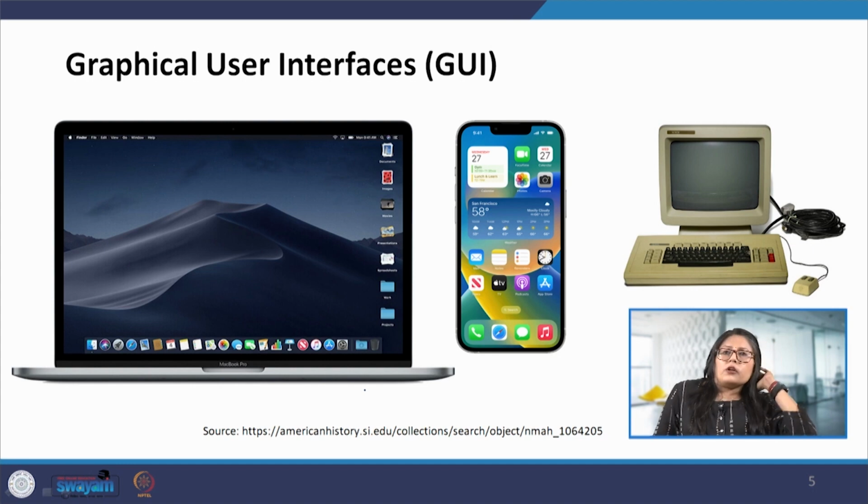Now, the first graphical user interface actually was formed through the first interface of the Xerox Star, which we can see on the screen, the computer system on the right. Now, although it was designed in the late 1970s and early 80s, it was very much a step ahead of what people were used to earlier.